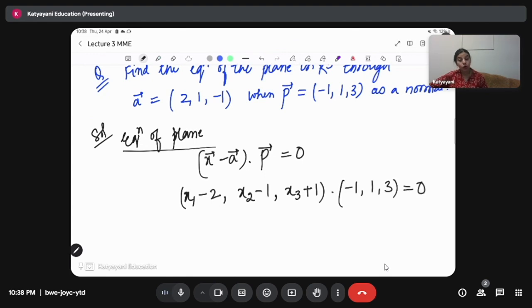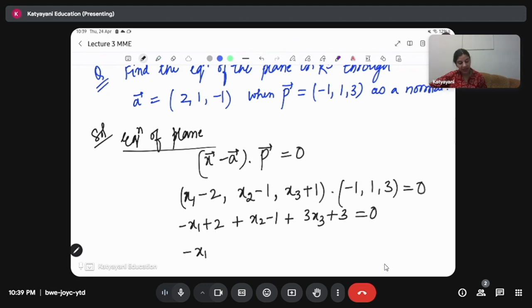When I take the dot product, multiplying the corresponding elements with each other, I'll get minus x1 plus 2, and then plus I multiply x2 minus 1 with 1, so I get x2 minus 1, and then plus I multiply 3 with x3 plus 1, so I get 3x3 plus 3 is equal to 0.